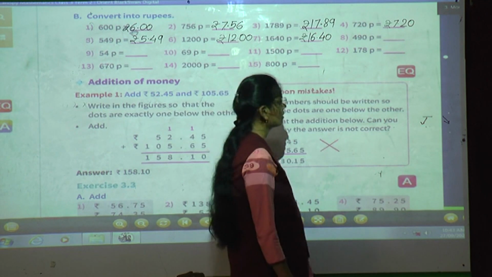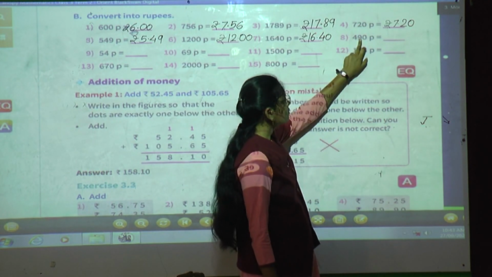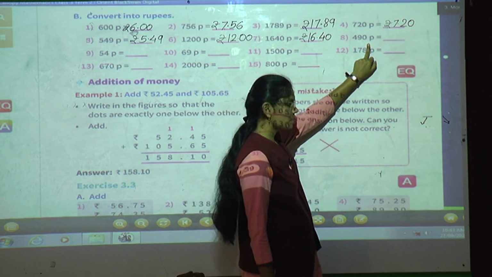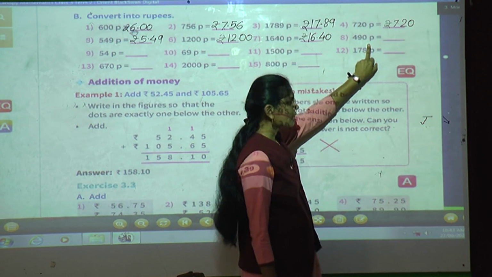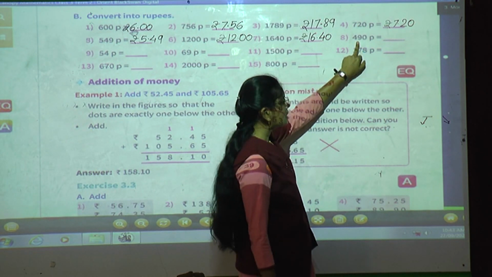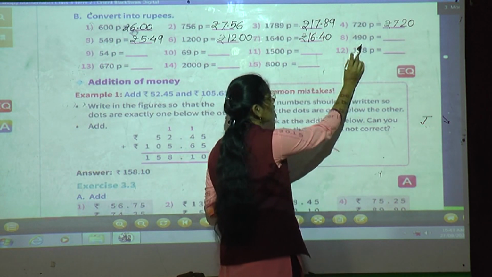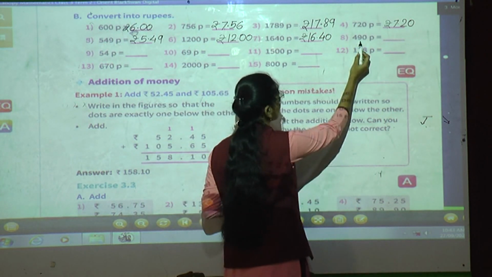Next, 490 paise. 490 paise. Now this is a 3-digit number. This paise we have to convert into rupees. For that there is one rule. What is the rule? From the right side, before the second digit we have to give a dot. See this number, from the right side, which one is the second digit? 9 is the second digit.